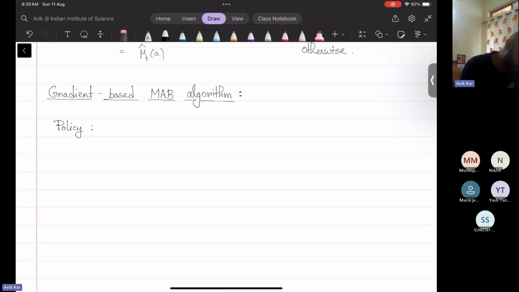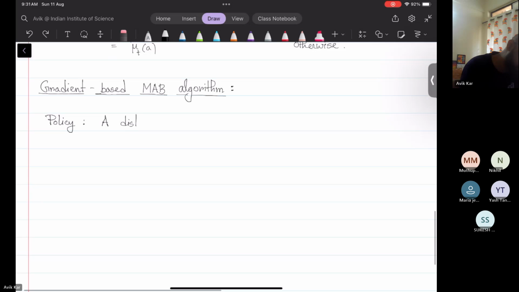So policy is a distribution on the action set.